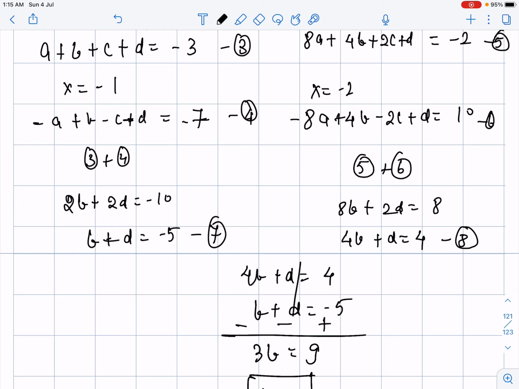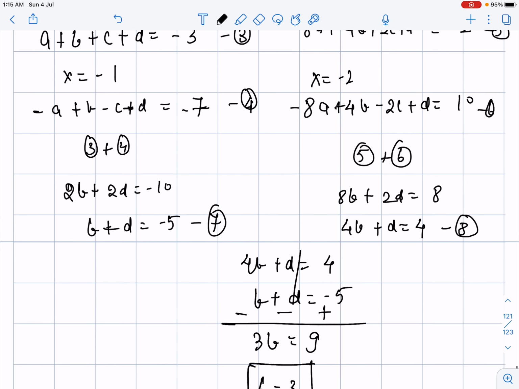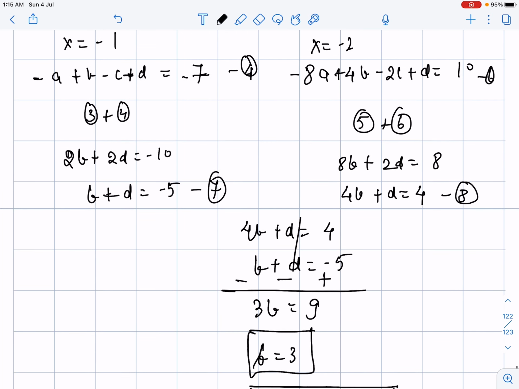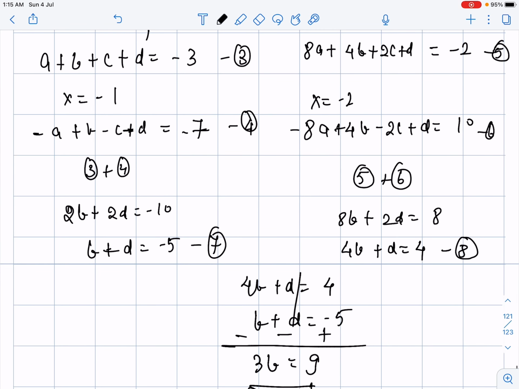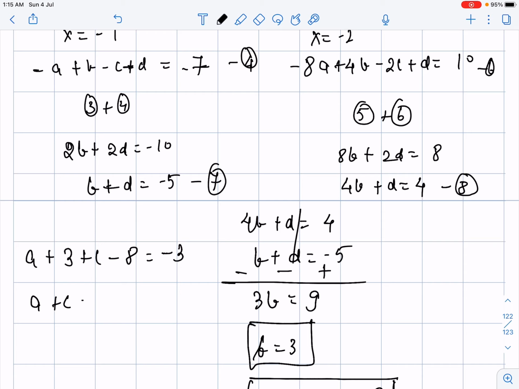When I substitute b as 3 and d as minus 8 in equation number 3, we get a plus 3 plus c minus 8 is equal to minus 3. That means a plus c is equal to minus 5 plus 5, so a plus c is equal to 2.